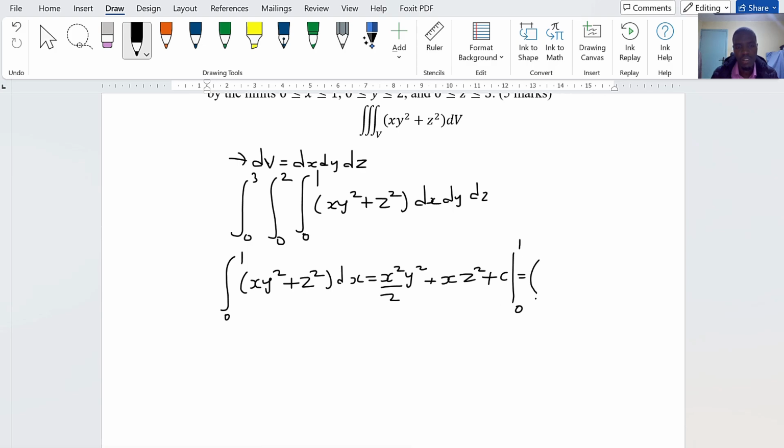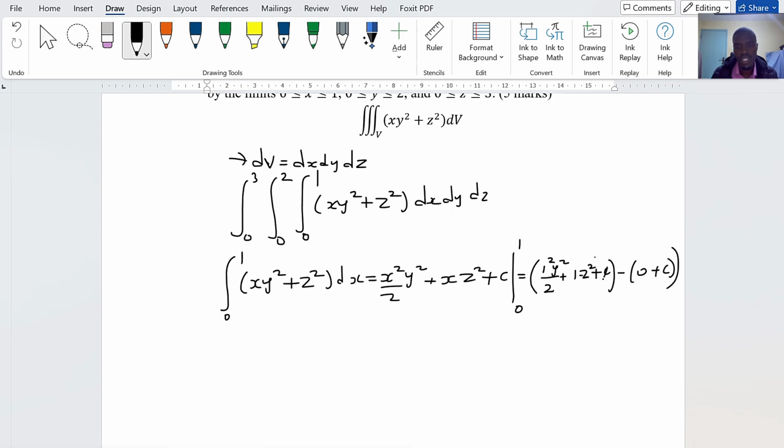Then what do we have? On the upper bound, we have 1 for x, so 1 squared y squared over 2 plus 1 z squared plus c, minus 0, because where you put x 0, it is 0 plus c.